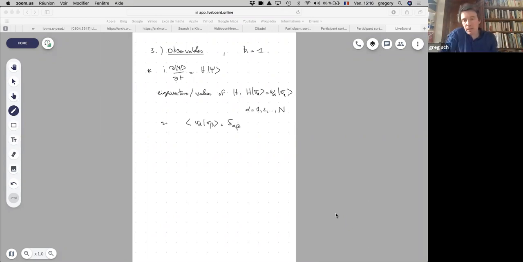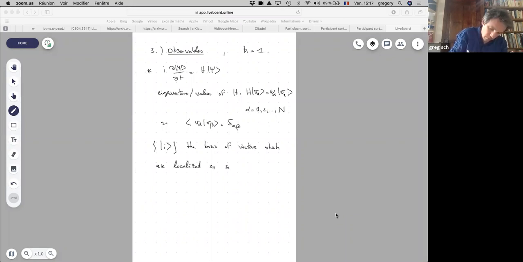Now, there is another canonical basis of the Hilbert space once you have discretized your Schrodinger operator, which is generated by this basis that I will denote by I. These are the basis vectors which are localized on site I. I can define them rigorously, but the physical picture is simply that this state I is localized on a given site, and it has no component on the other ones.